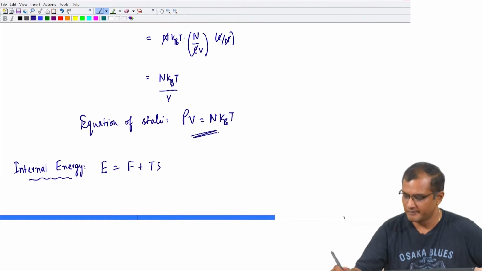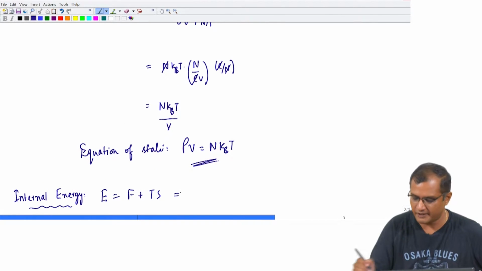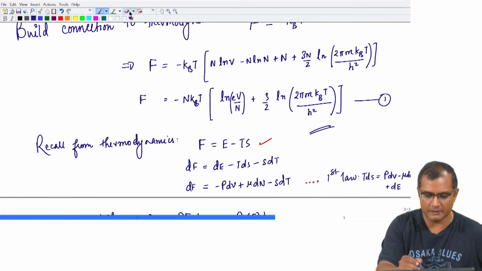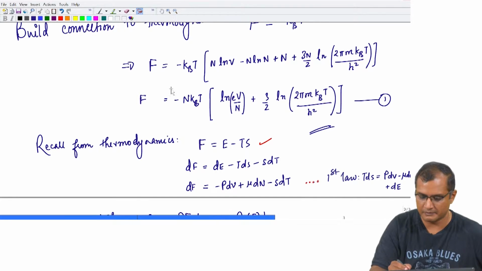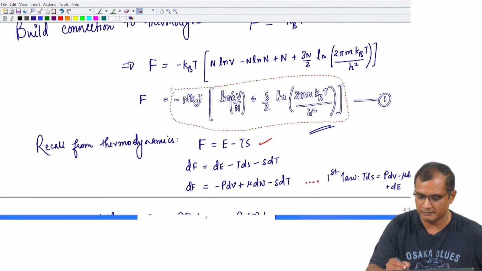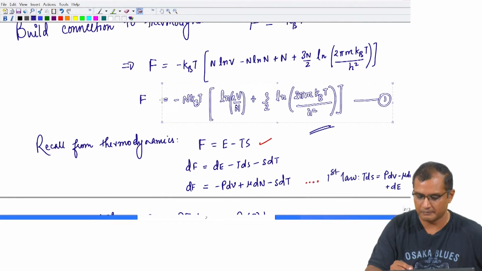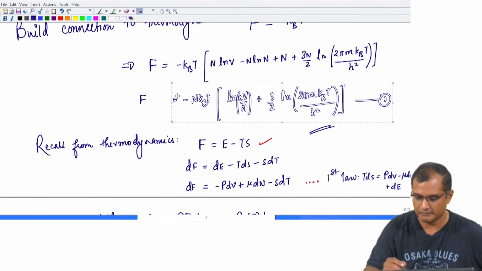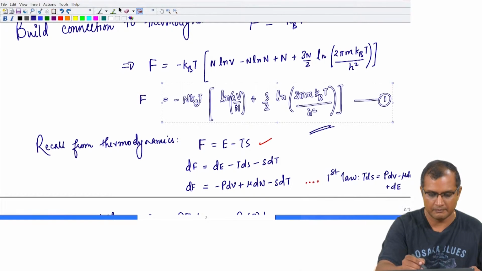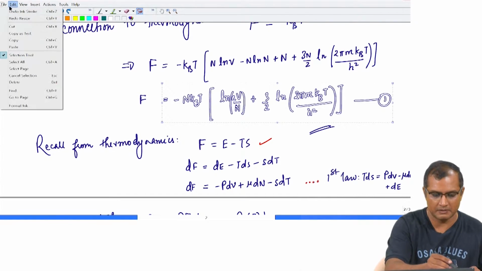And for F I can substitute the entire expression. I am just going to copy it.